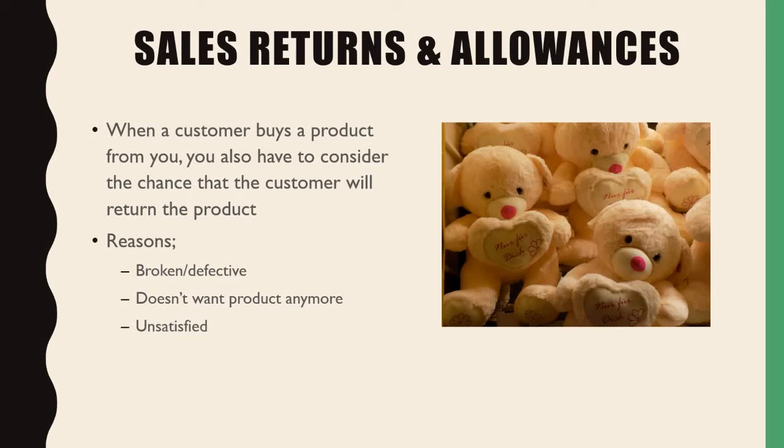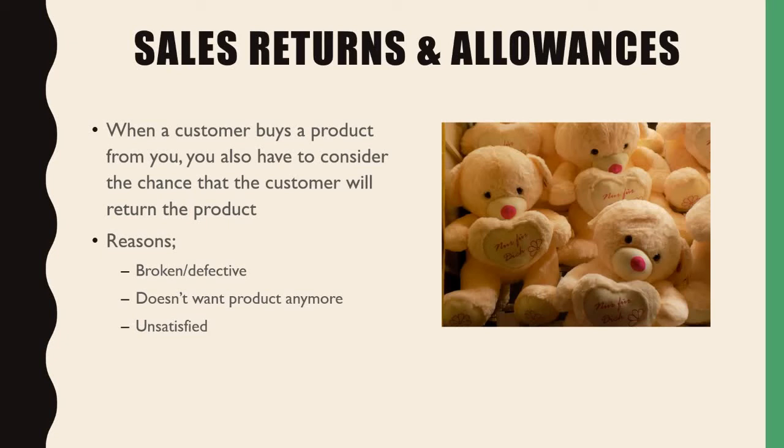So here, if we do sell a product, we have to assume that we are going to have those customers who are unsatisfied with the product and want to return items back to you. All right. So many reasons why people can return a product is because maybe they bought it, they took it home, and they found that it was defective. All right. Or maybe it's kind of broken because it's in the package.